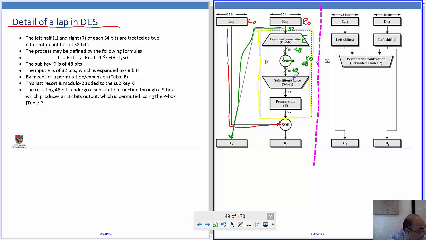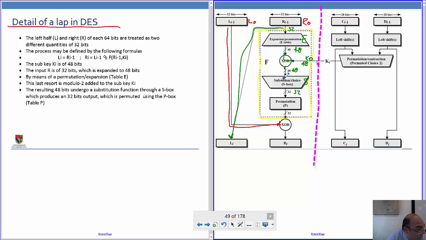This XOR output will be the input of another function. This function is the SBox function, and this function is a substitution choice box. In this function, what we will do is first reduce the size from 48 again to 32.